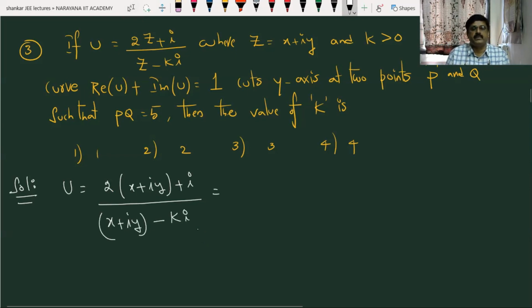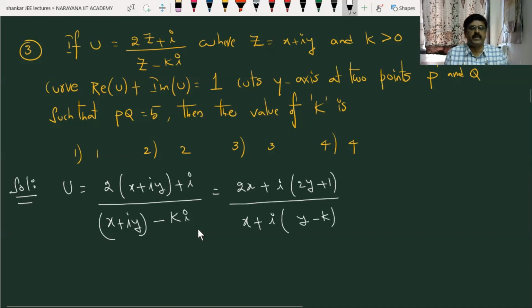Here, real part is 2x plus i of 2y plus 1 upon same x plus i of y minus k.